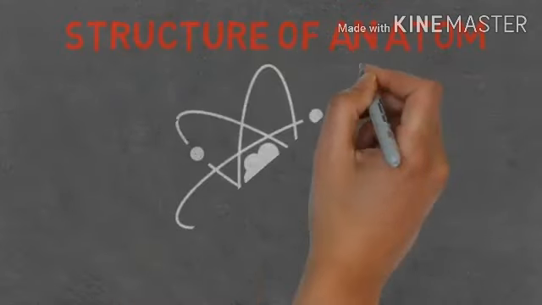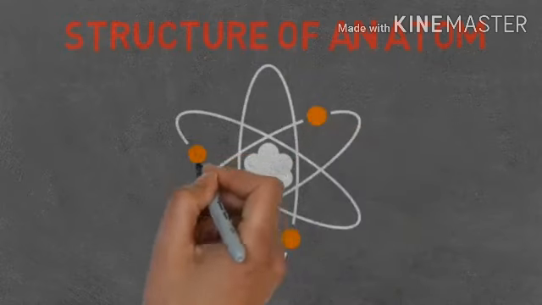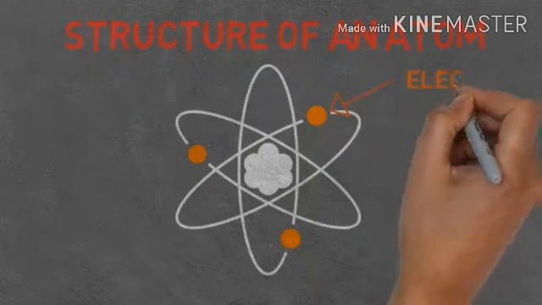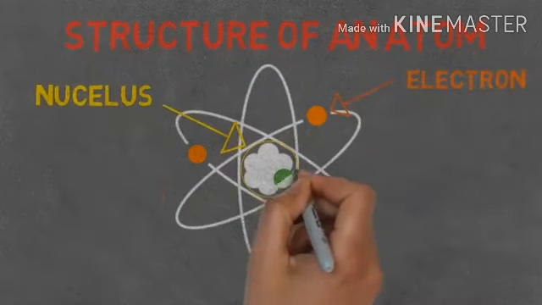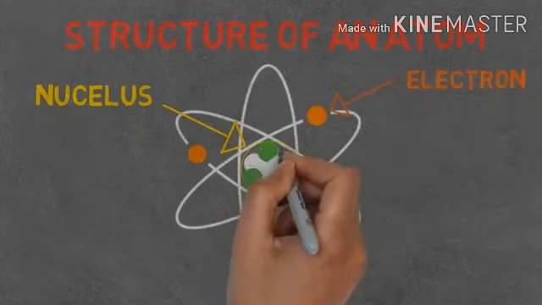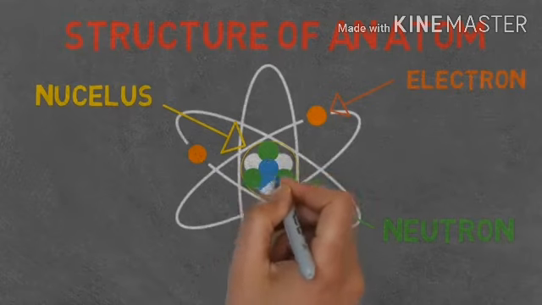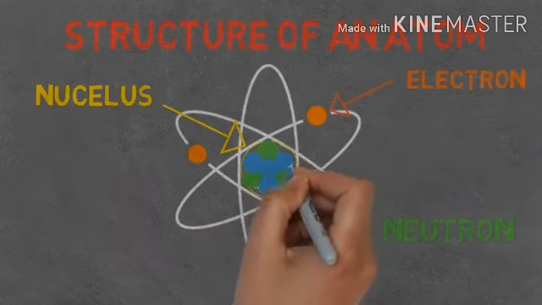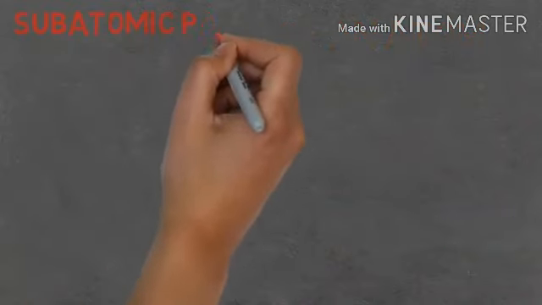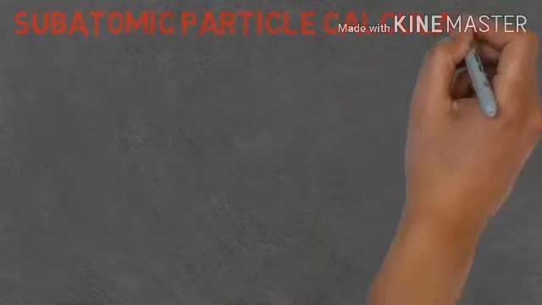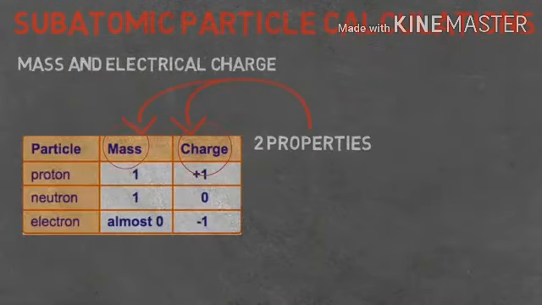An atom has a nucleus at the center and electrons revolving around it. The nucleus contains neutrons and protons. Neutrons are neutrally charged, protons are positively charged and electrons are negatively charged. These particles we call subatomic particles.